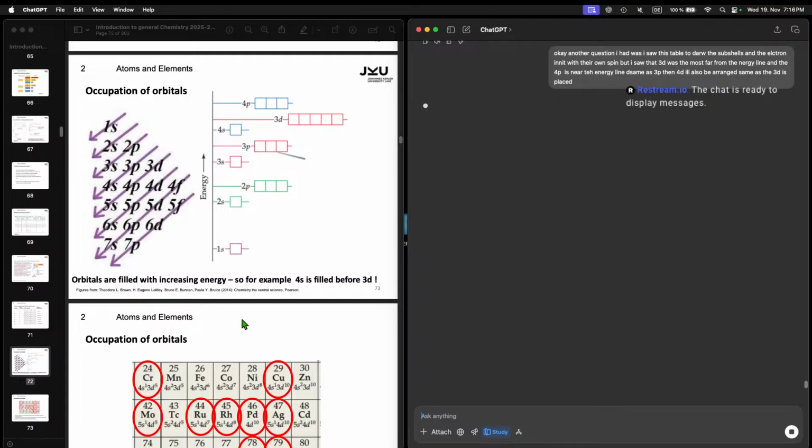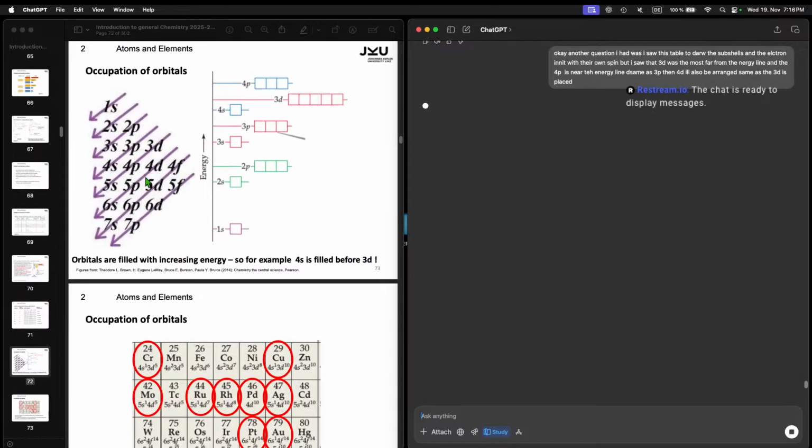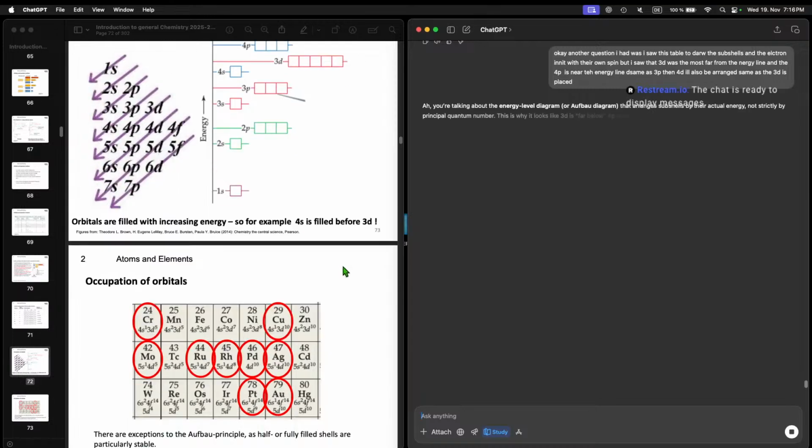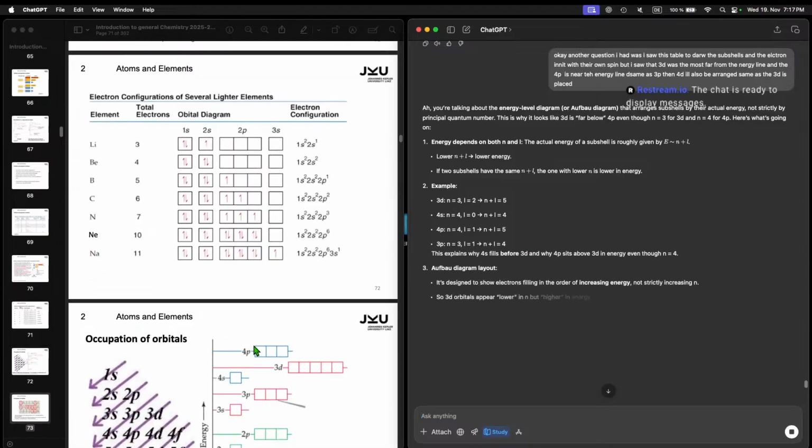Yeah, that makes sense, right? Occupation of orbitals. 3d, 4p, 5s, 4d. Aufbau diagram. Okay, this is called the Aufbau diagram.